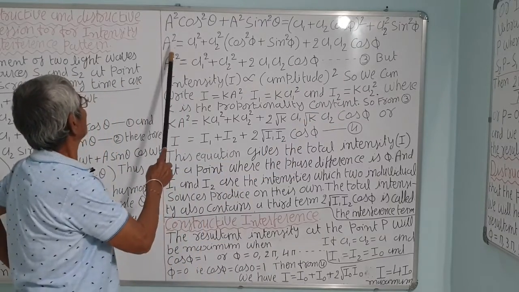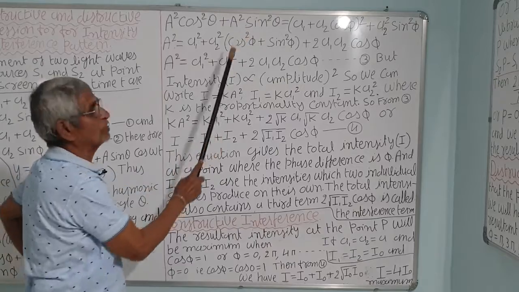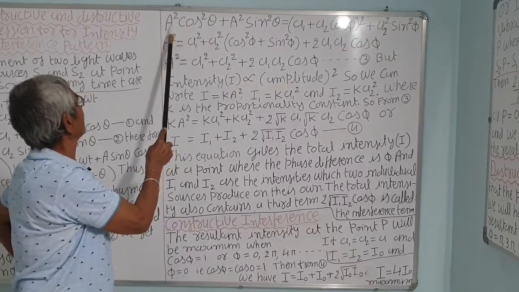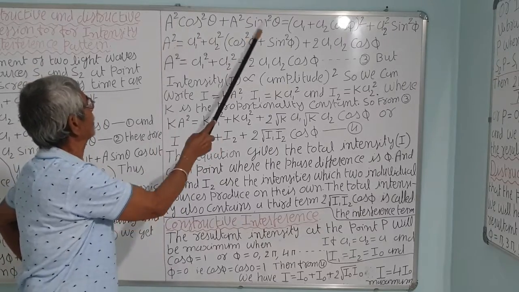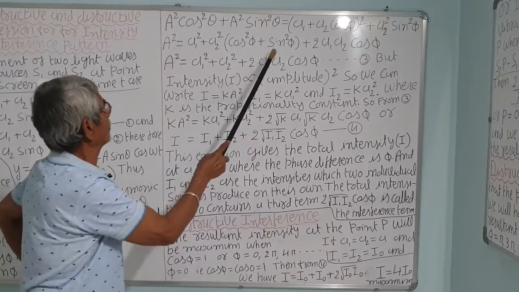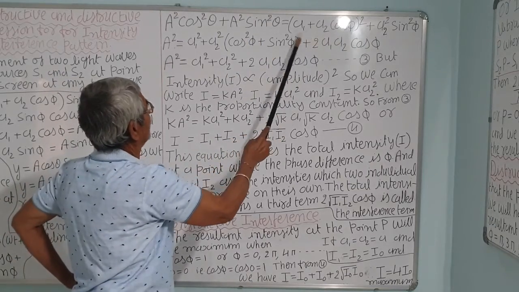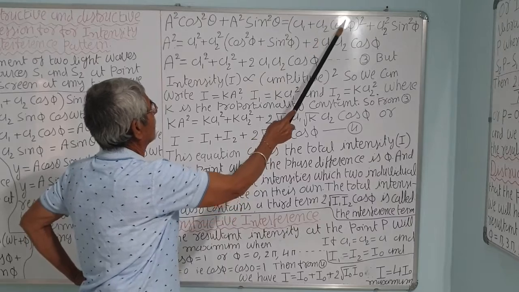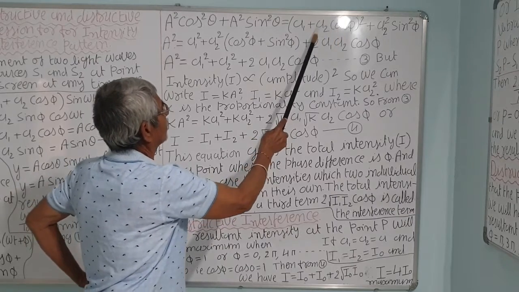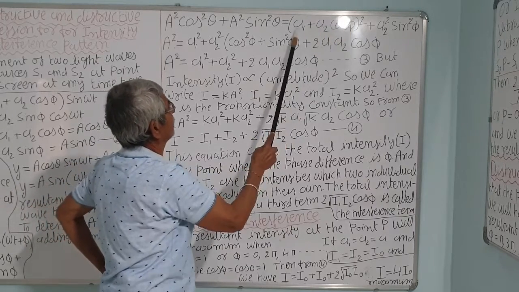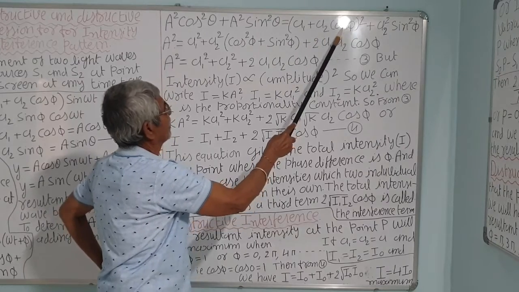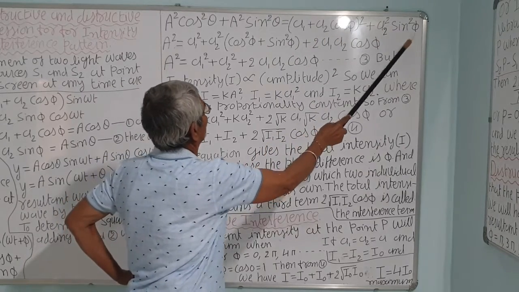Now cos square theta plus sin square theta is 1, so A square is common: A square into bracket 1, that is A square, is equal to a1 square plus a2 square cos square phi plus 2 a1 a2 cos phi plus a2 square sin square phi.